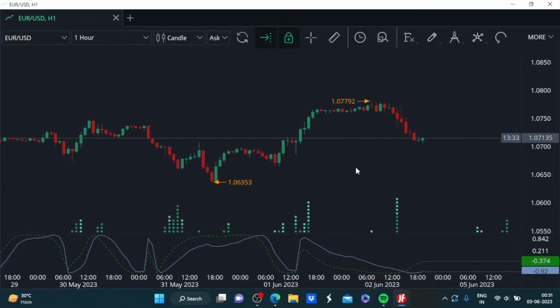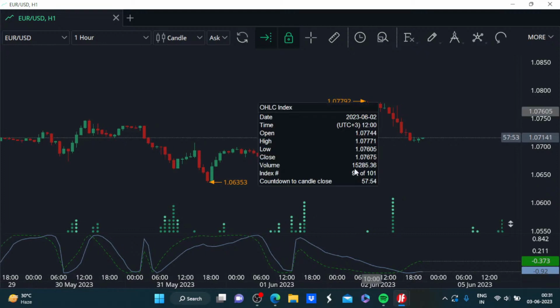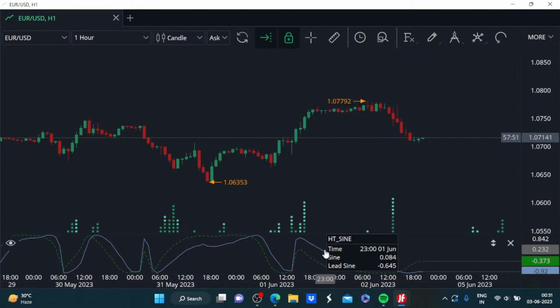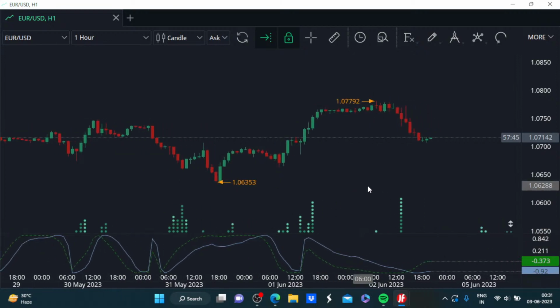Here is the Euro USD chart with each candle predefined at hourly. And on the lower side, this is the Hilbert transform sine wave indicator in place. If you want to know how to add this, all you have to do is a quick search. If you type in Hilbert transform, all the indicators of this series will show up.